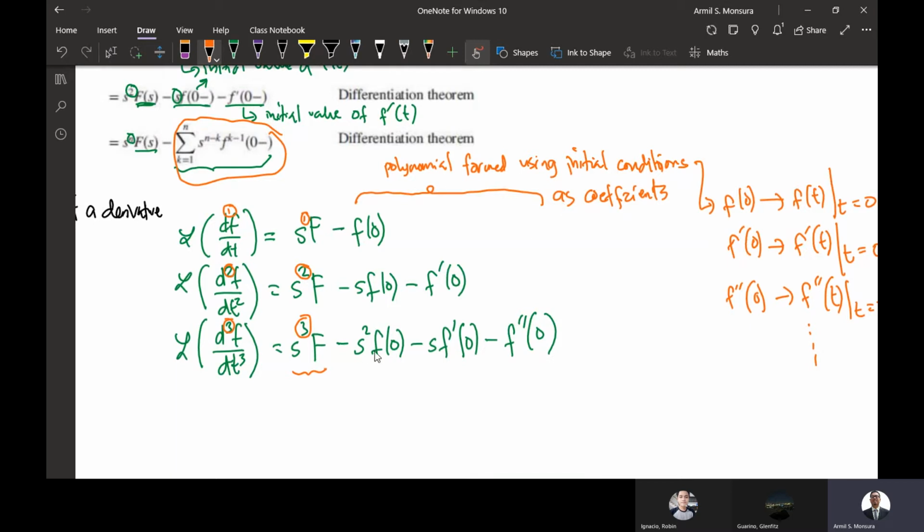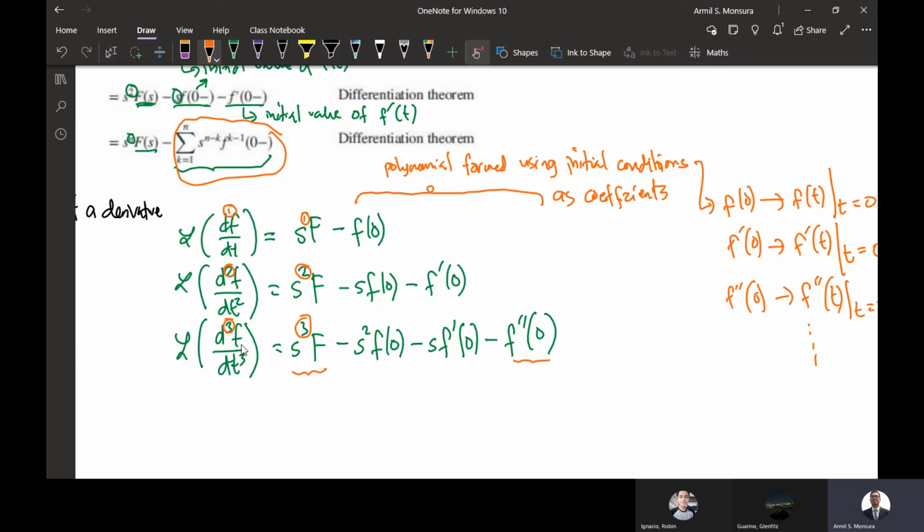So saan magsisimula yung polynomial ninyo? The polynomial would start with 1 degree less than the first term. So, kung s cube ito, magsisimula kayo sa s square. Tapos, tandaan nyo na ang dulong term lagi is a constant. The last term would be a constant, that is the value of the derivative 1 less than what is being transformed.